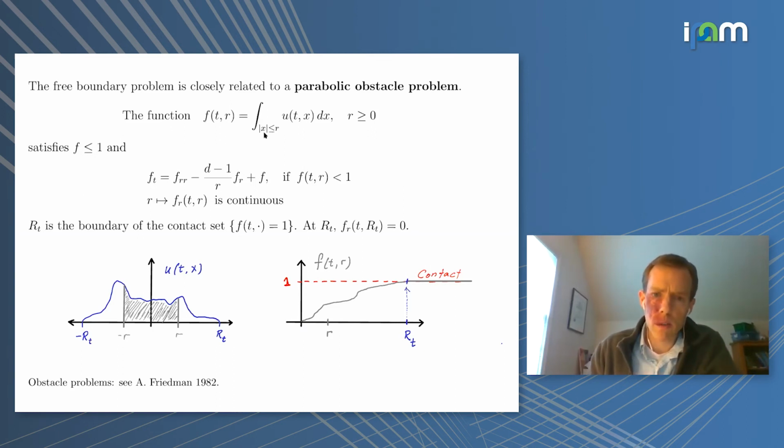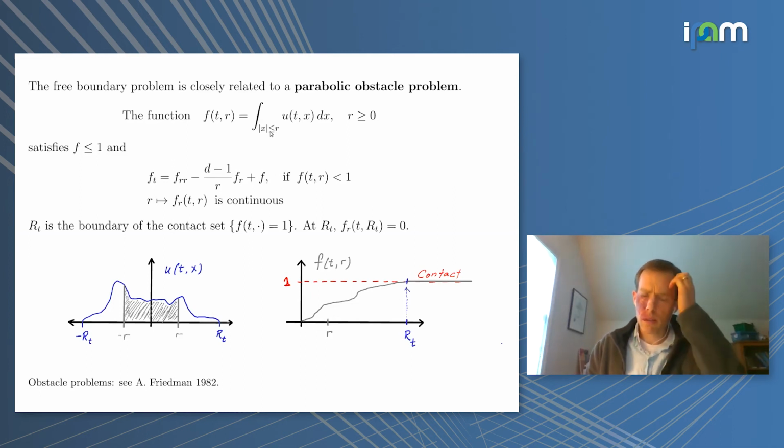So I'm integrating over the ball of all x having magnitude less than r. Clearly, since u has mass 1, this f is non-negative. It's bounded by 1 everywhere. And in the region where f is less than 1, f has to satisfy this PDE.